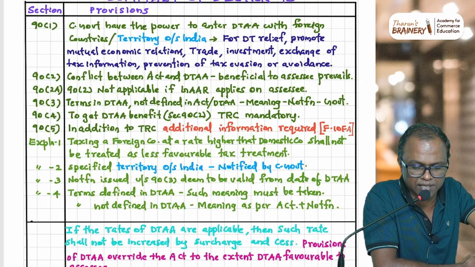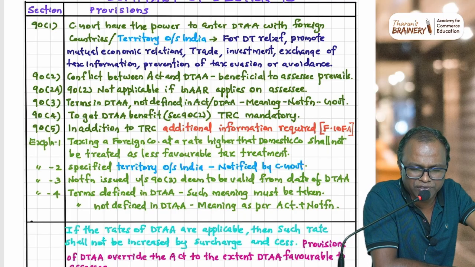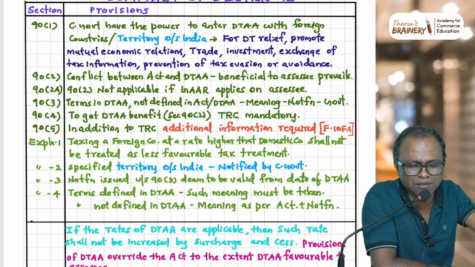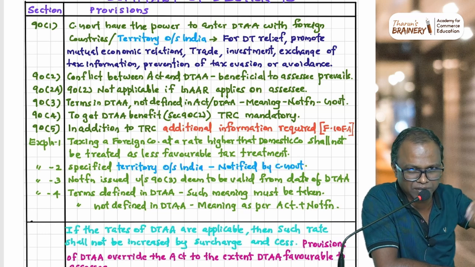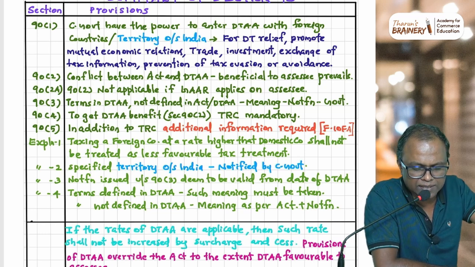So TRC plus additional information required by CBDT should be given, like the name of the assessee, country of residence, TRC period, address in that country, the equivalent of PAN in India, what is the tax identification number in that country, what is the constitution of the assessee, whether it is a company, firm or LLP, and email ID. So those types of details in that country should be given. So that is additional particulars.